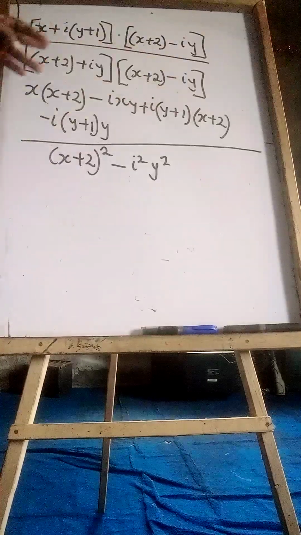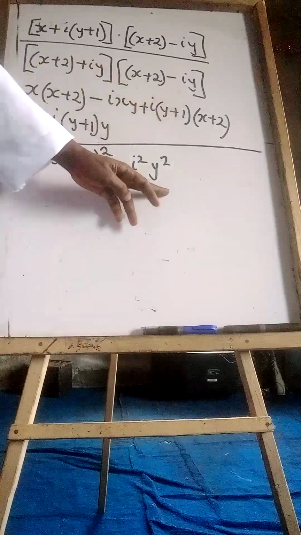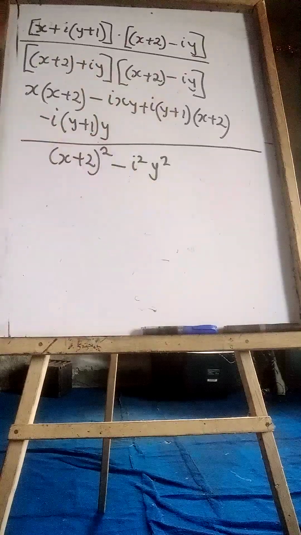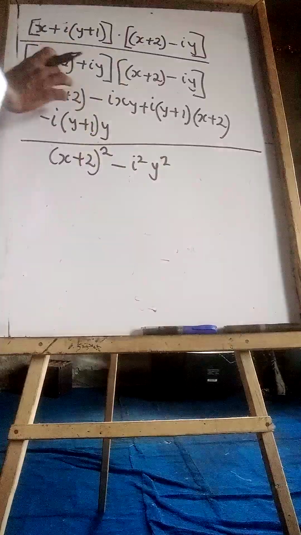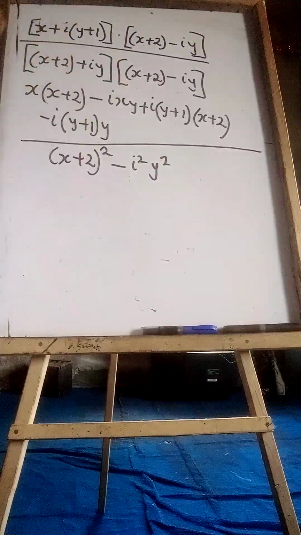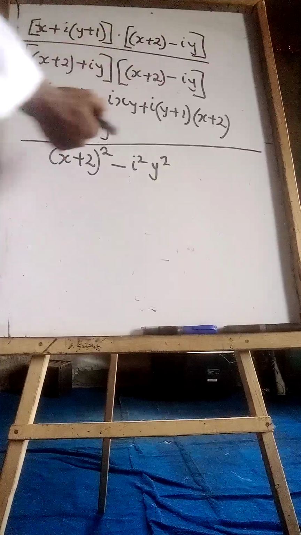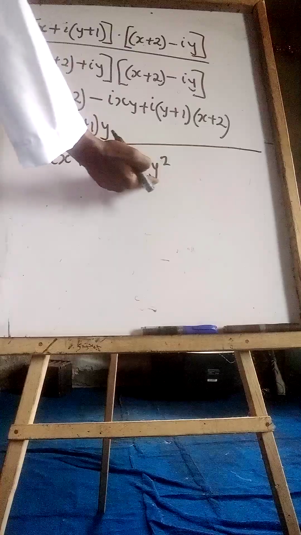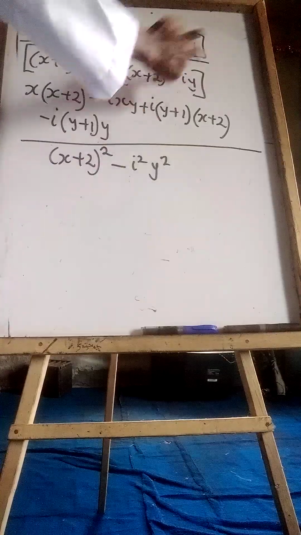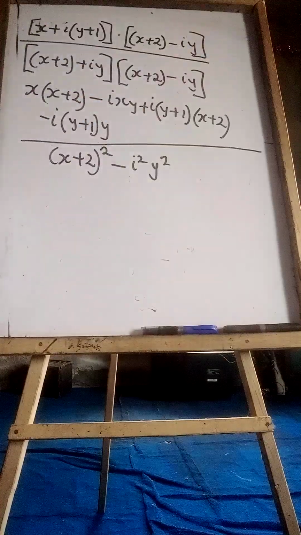If you carry out the expansion as I did here, you will get the same. But the shorter way of multiplying conjugates together is to square the imaginary and the real part separately with a negative sign in between, and i squared coming with the imaginary side, because i times i will be i squared. Now, let's go there.